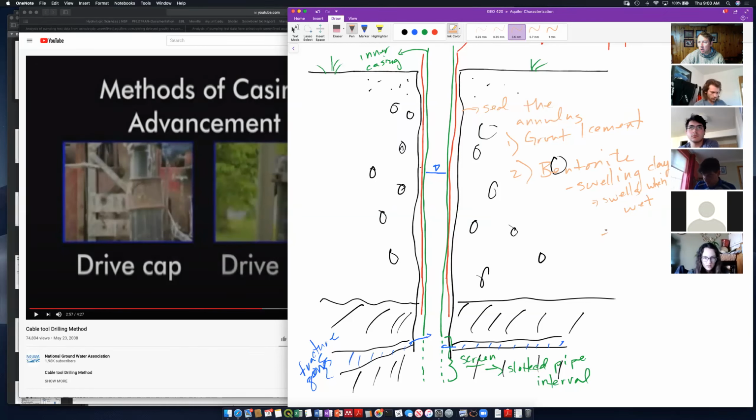And it has really low conductivity. So one way or another, we've got to seal this annulus with grout or with bentonite. And if we want all our water to come into our pipe here, we're going to have to seal this annulus too.